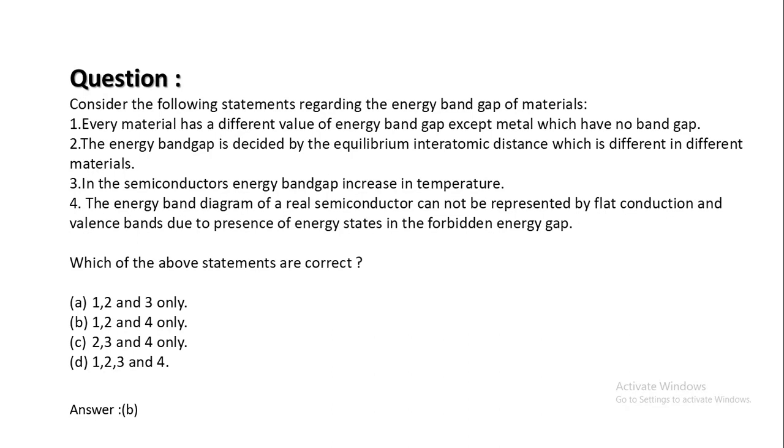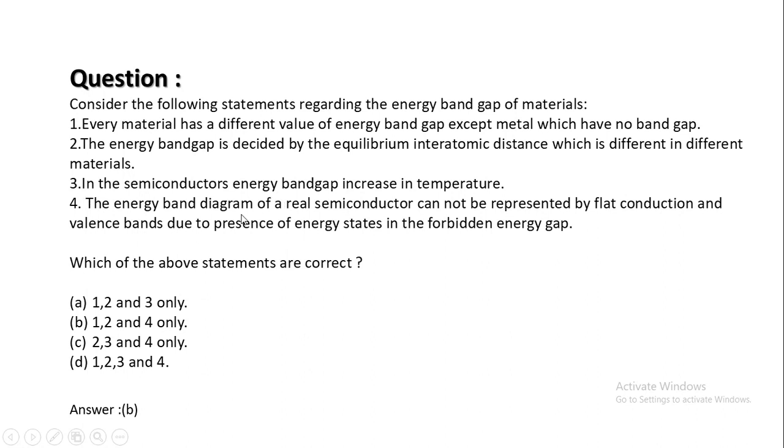Also you might have seen from that model, metal does not have any band gap. The second statement: the energy band gap is decided by the equilibrium interatomic distance, which is different in different materials. This is also true, already discussed. So the first and second are true.